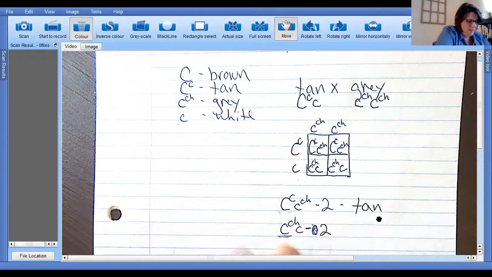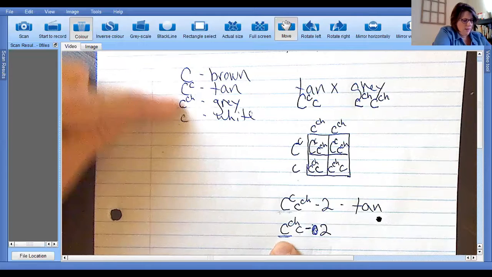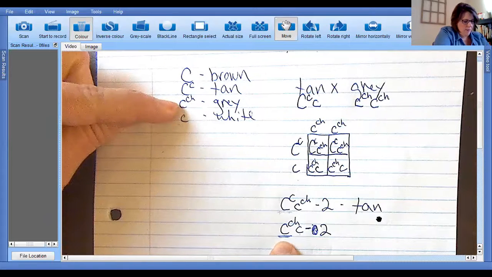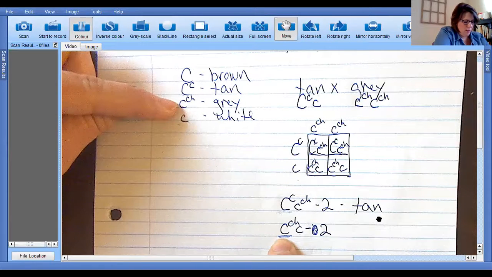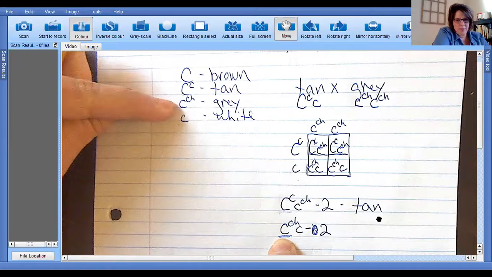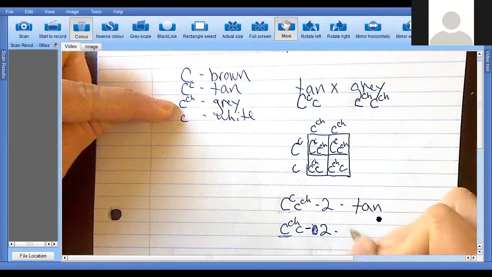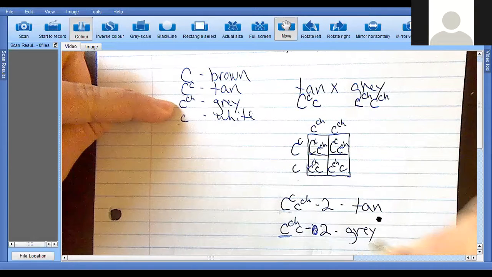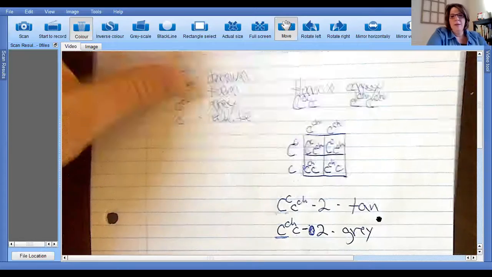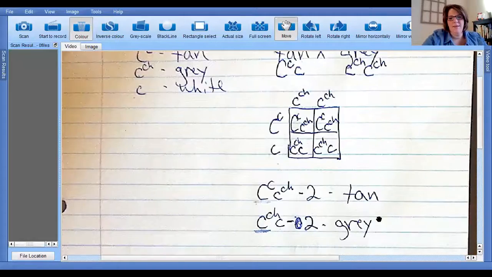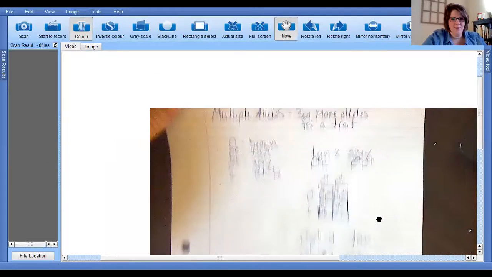So here, C, CH. This is gray with the recessive white, so gray is more dominant. So these two are going to be gray. Okay. All right. So does that make sense on how to do a multiple allele Punnett square?